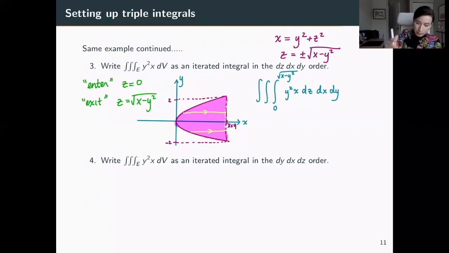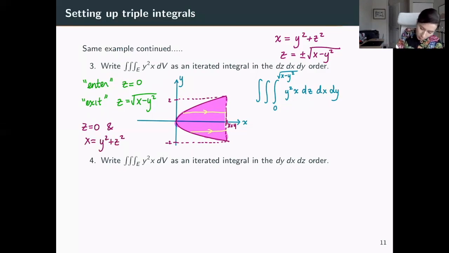Well, this parabola is going to be happening when we have that our z equals 0 and we have that x equals y squared plus z squared. So with both of these happening, we have that our x is going to equal y squared.